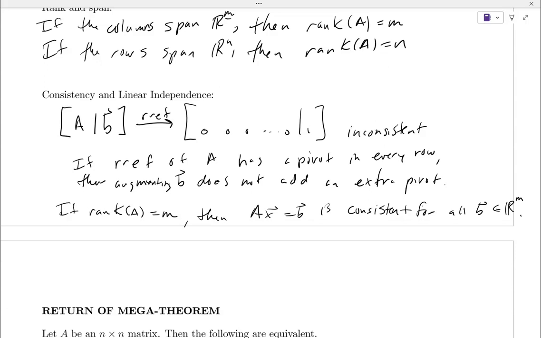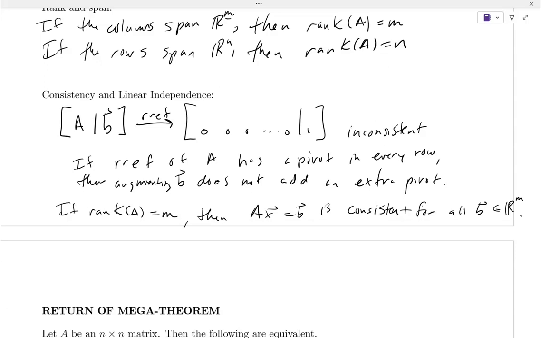If the rank is smaller than M, then when I do the reduced row echelon form of A, I get a row of zeros, right? So you can find a vector that you can augment where I would have a pivot in that bottom row in the augmented column, which causes it to be inconsistent.